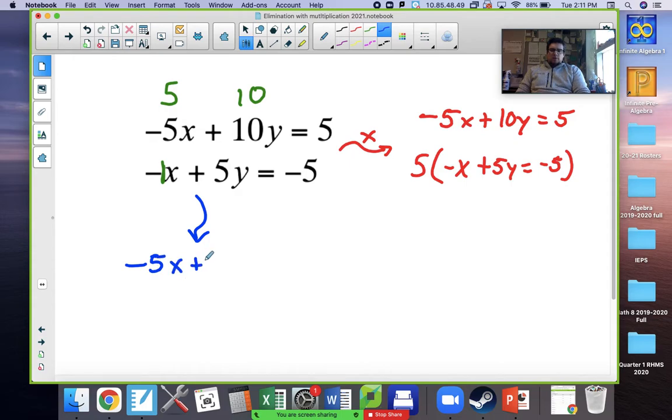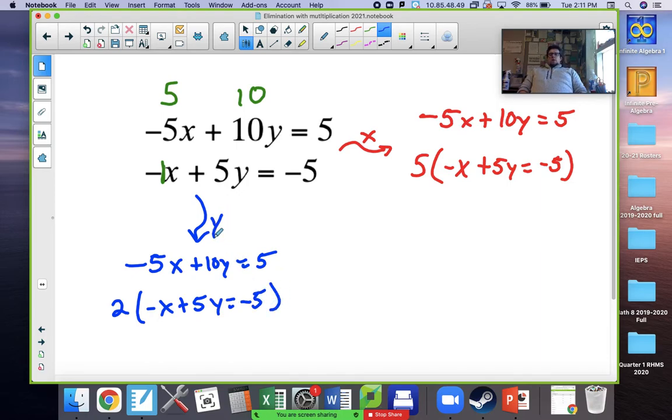So what you're going to do is multiply the bottom equation by 2. And once you've done that, you're going to solve whichever system we chose.